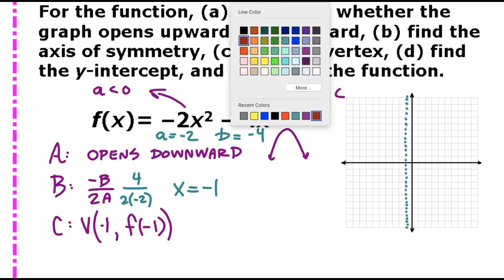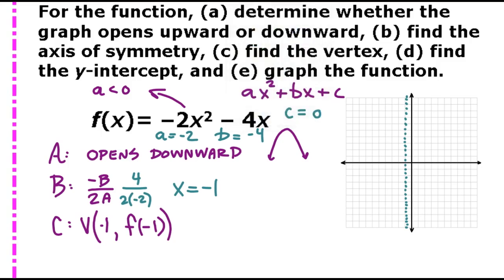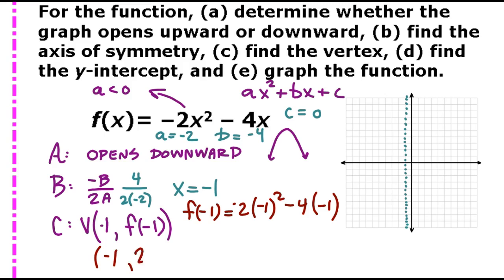I'm going to get negative 2 times negative 1 squared minus 4 times negative 1, which ends up being negative 2 plus 4, which is positive 2. So we have negative 1, 2 as my vertex.